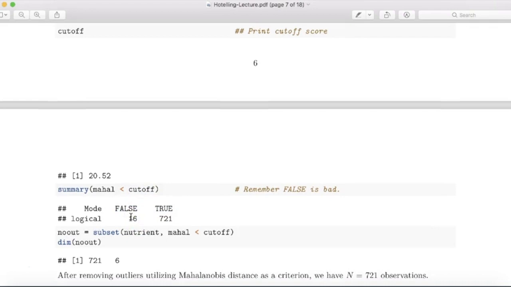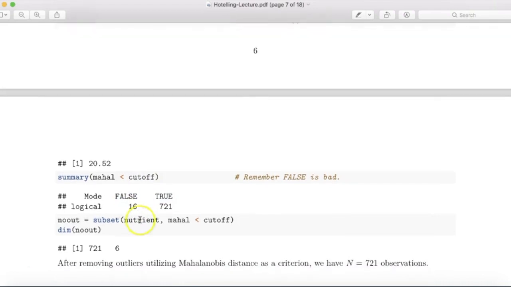So I'm going to remove those 16 outliers and save everything into a new data set that I usually call no out. Then I check for the dimension of that data set, and this is what I have left. Nice. So using Mahalanobis distance as a criterion, we ended up with 721 observations.